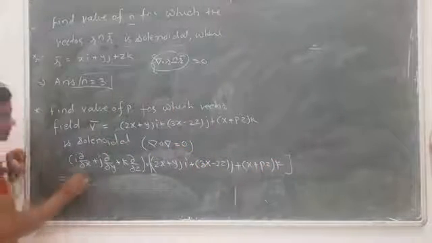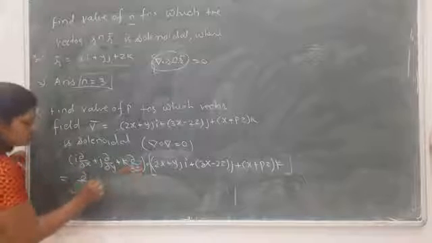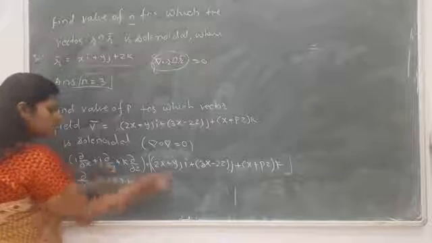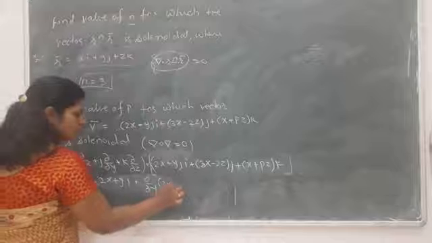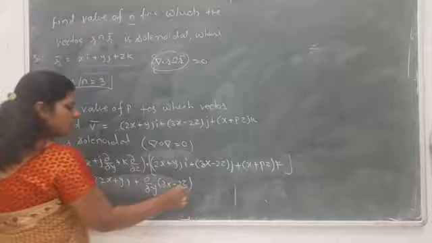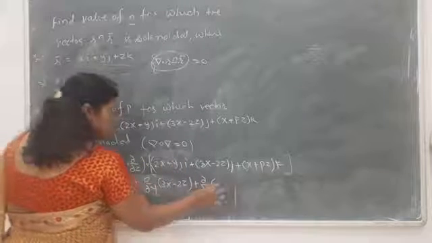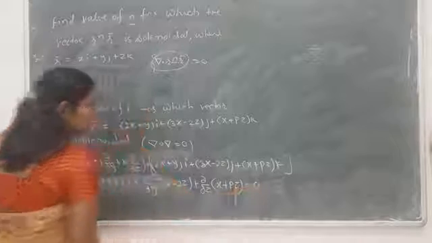So i dot i is 1, del del x of 2x plus y, then j dot j, del del y of 3x minus 2z, then plus del del z of k dot k, which is 1, x plus pz, and we have given it is solenoidal, that should be equal to 0.